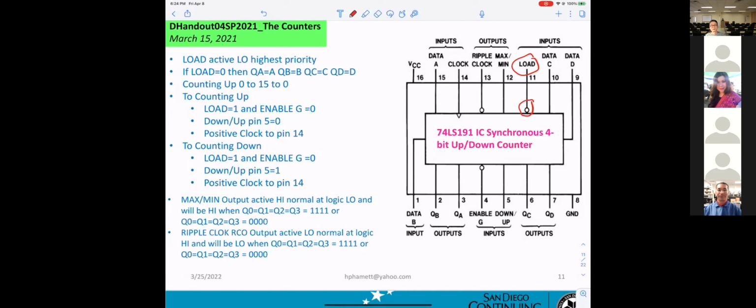Okay. And now how to make it count up? In order to count up, clock is applied to what pin? 14.